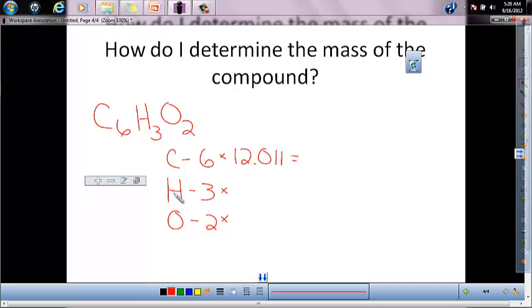Okay, now you want to do this for all the elements. So find hydrogen. What's the mass of hydrogen? 1.0079. Alright, and oxygen? 16.00. Good job. Okay, so now we're going to multiply going across.